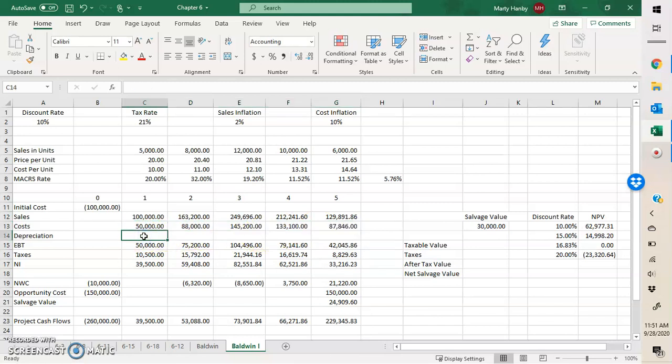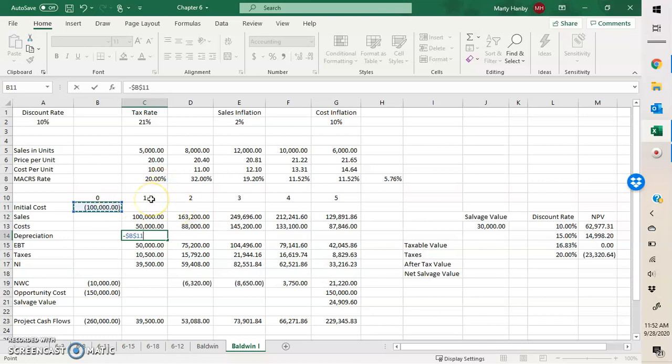Now the depreciation. The depreciation is based on the $100,000. We'll do a minus because we want it to be a positive number, just because of the way I've set this up. So minus $100,000, and then we'll multiply it. Let's make this absolute, so that's function F4.